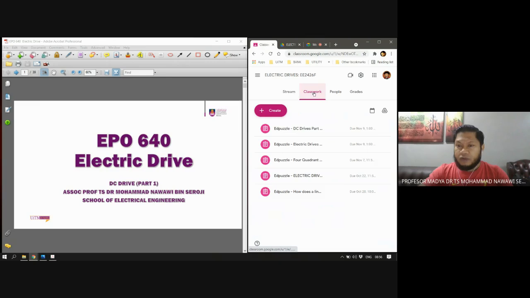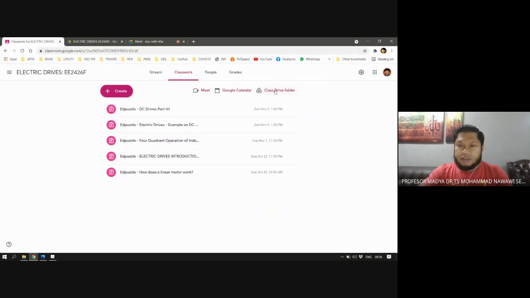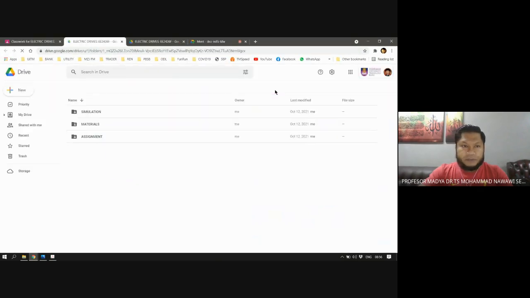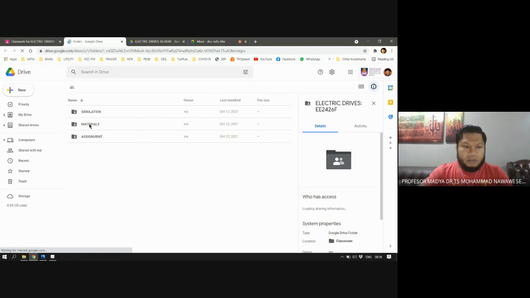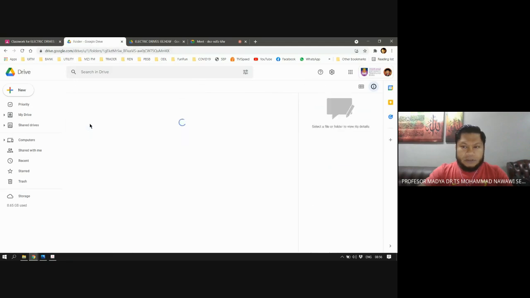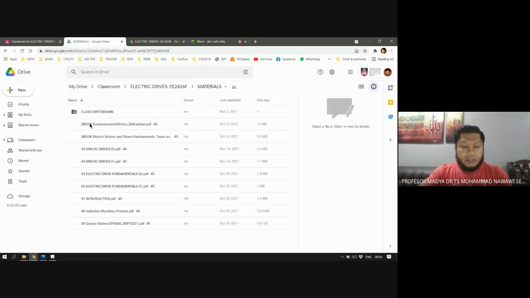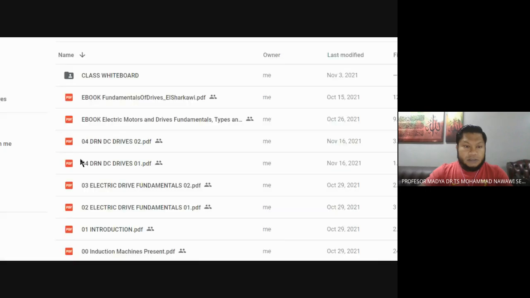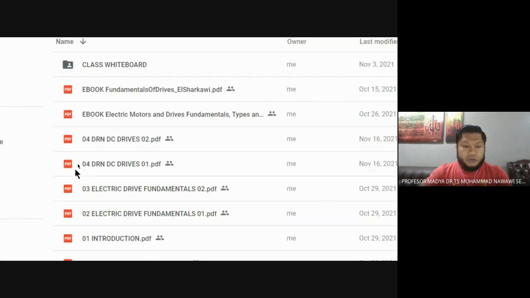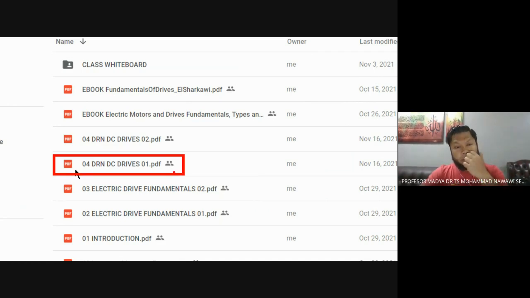So if you go for your class work, you go to your shared drive folder. Right, so there is a new file, that is drive one, the one that I replaced with a new file, okay.